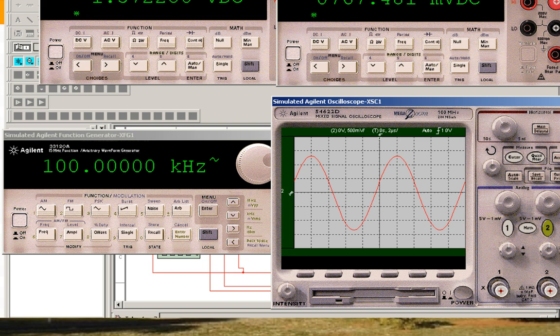And actually, you know what? It almost looks like there's some noise on that peak up there. But anyway, that's kind of moot, I guess.